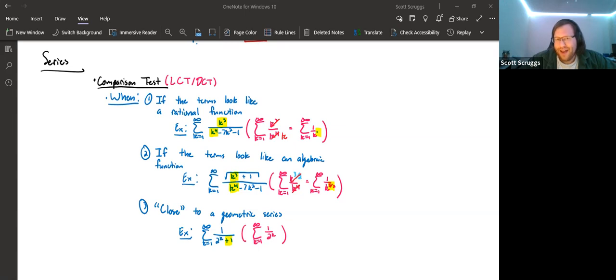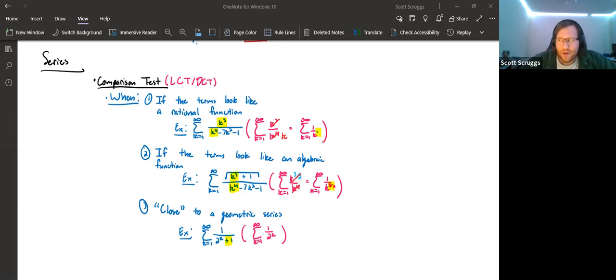If it's close to a rational or an algebraic function, my plan of attack is to take the highest order term of the numerator, take it over the highest order term of the denominator, and go from there. Keeping in mind that if you do have a square root, your highest power will not be just the thing inside cubed, because you do have to also incorporate the square root on top.